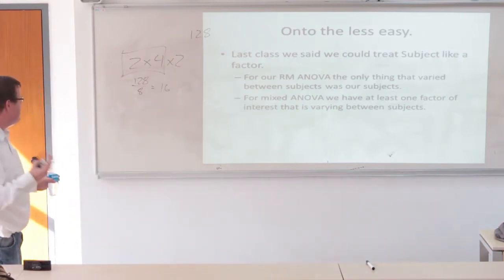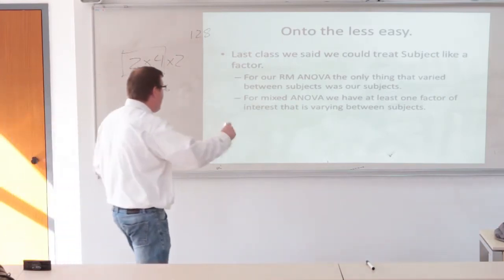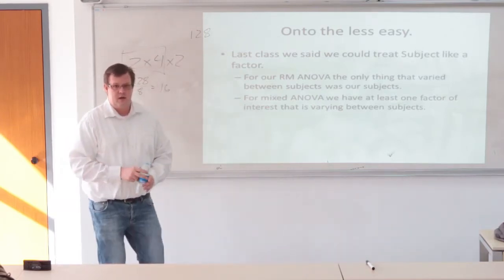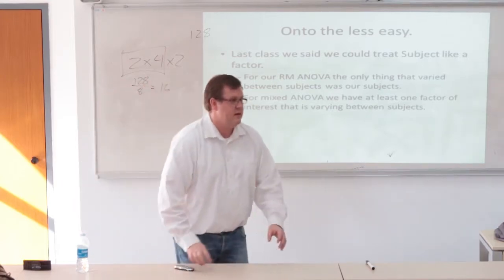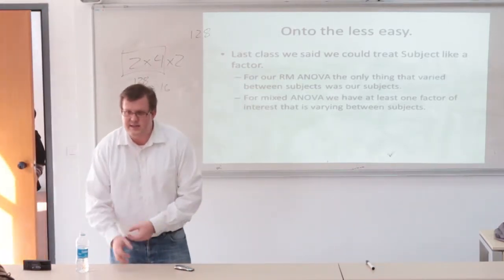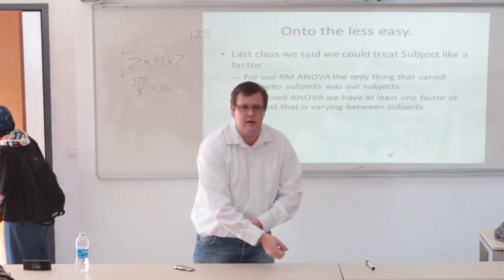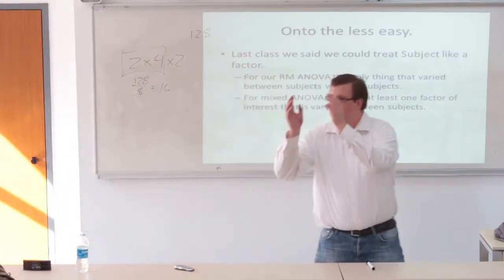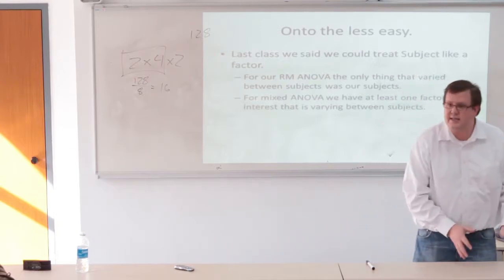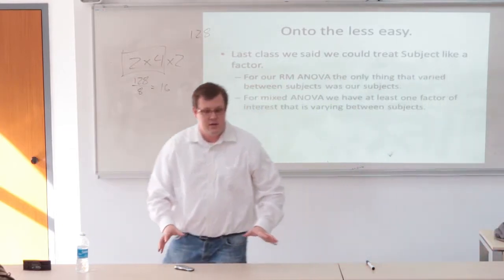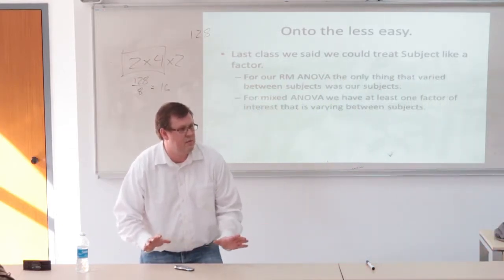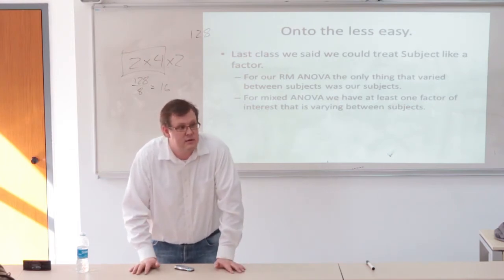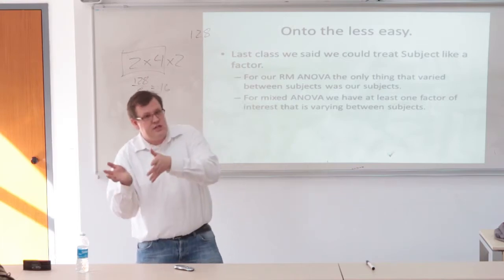So for a mixed ANOVA now, we have at least one factor of interest that varies between subjects. So Q and list, each subject gets every combination of Q and list, right? I get the same combination, you get the same combination, she gets the same combination, he gets the same combination, right? So Q and list, everyone's getting the same. However, not everyone is the same sex. I'm a male, she's a female.